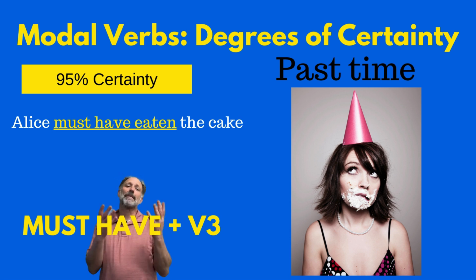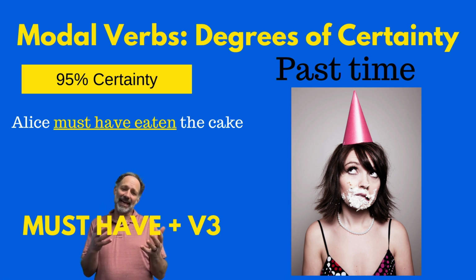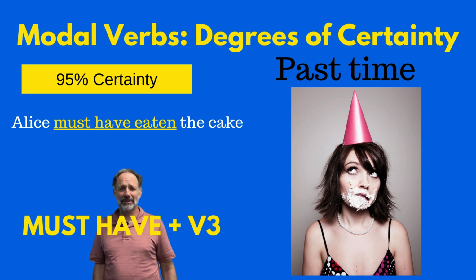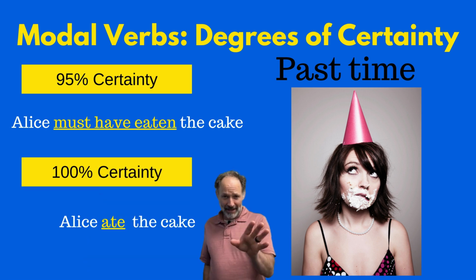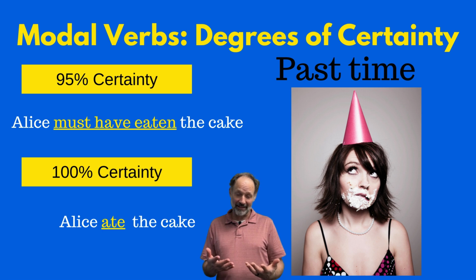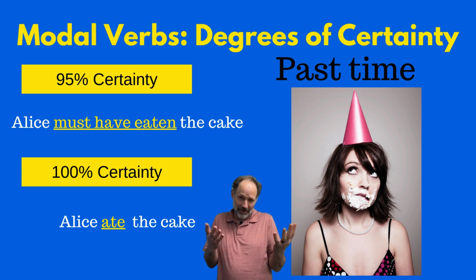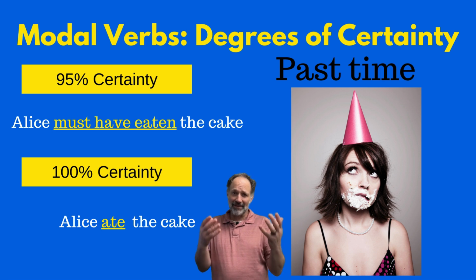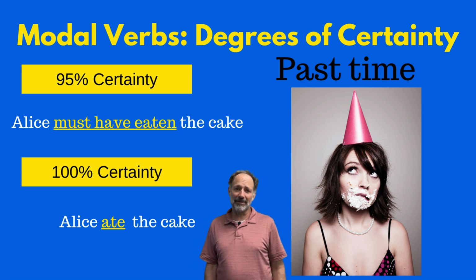So Alice must have eaten the cake because I can see cake all over her face. If I'm 100% sure that it's Alice, in that situation, I would just use the verb as it is. Alice ate the cake. I know that 100%.